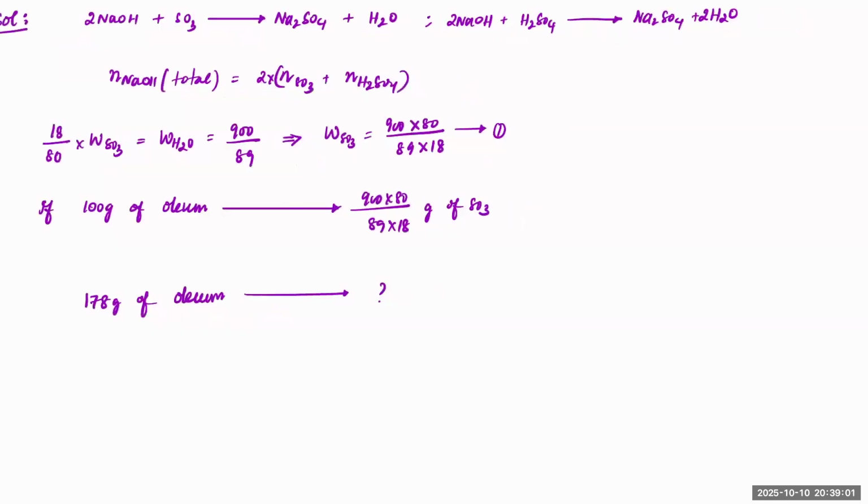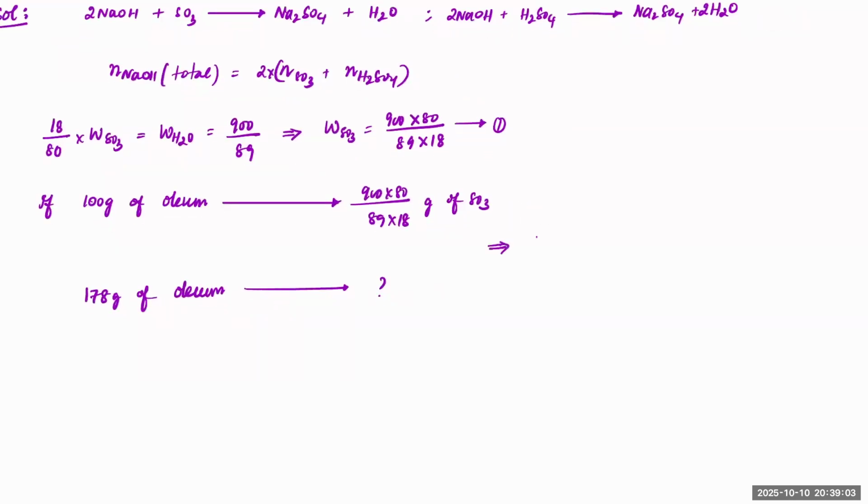So that implies weight of SO3 is equal to 900 times 80 multiplied by 178 divided by 89 into 18. This is the weight of SO3 that must be present in 178 grams of oleum.